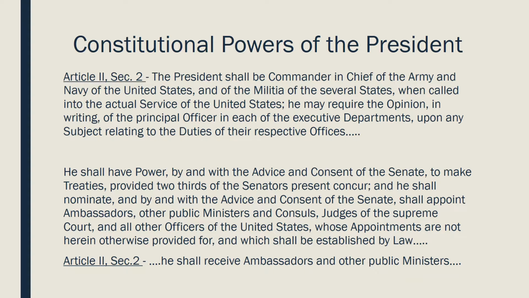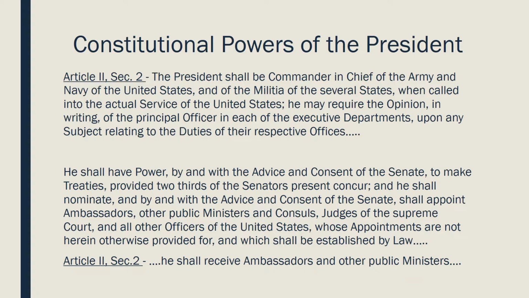Let's begin by looking at the language of the Constitution. The powers of the President are seen in Article 2 of the Constitution, and foreign policy powers are seen in Section 2.